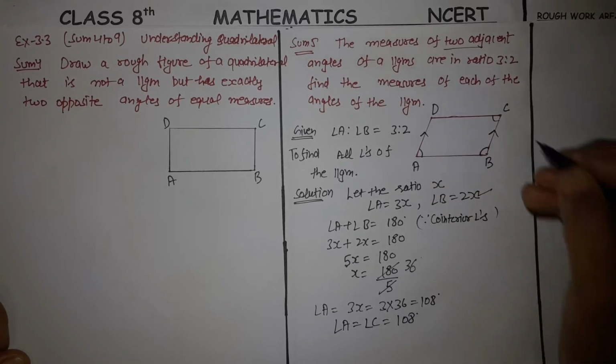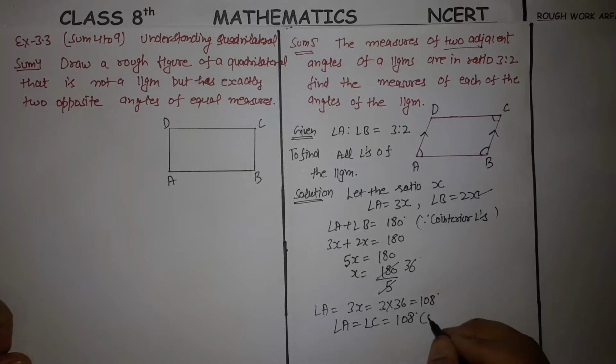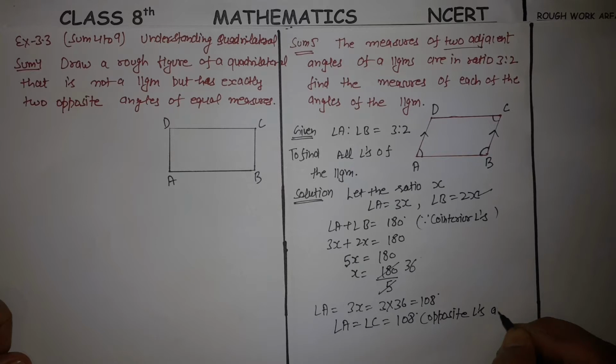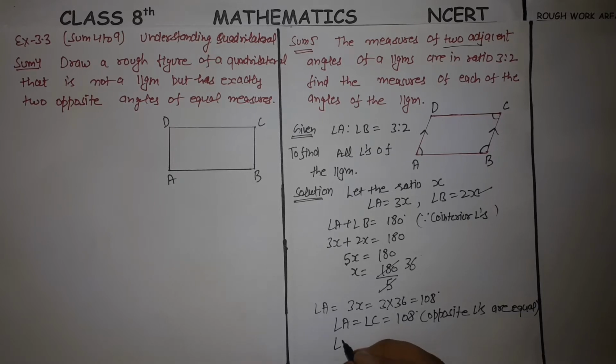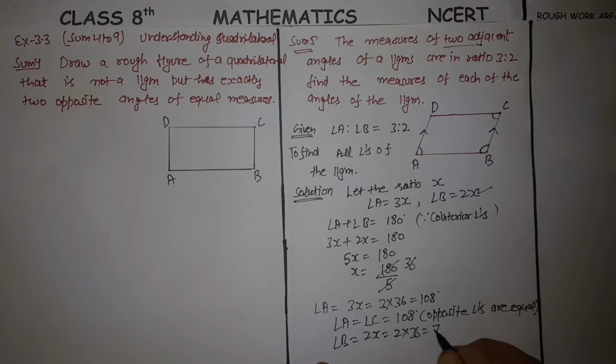Angle A is equal to angle C, 108, because opposite angles are equal in a parallelogram. Then angle B is 2x. 2 into 36 makes 72.